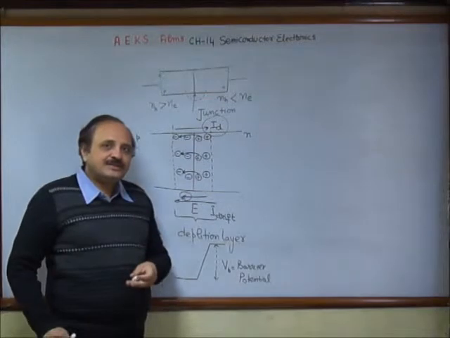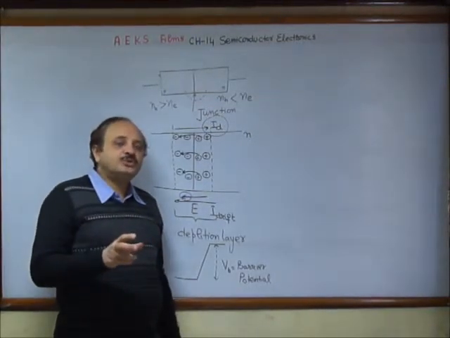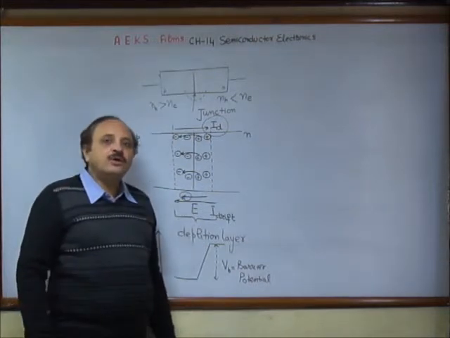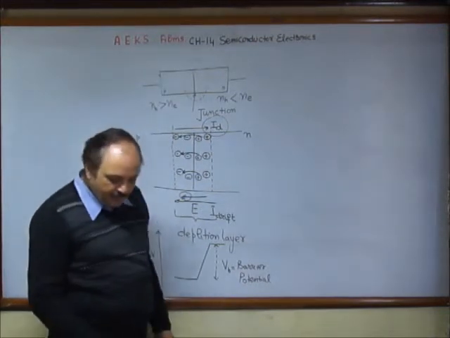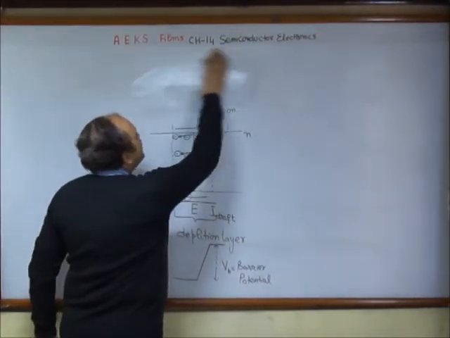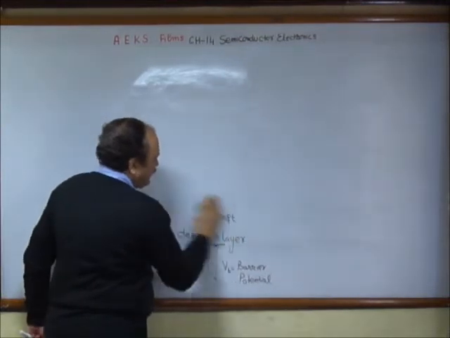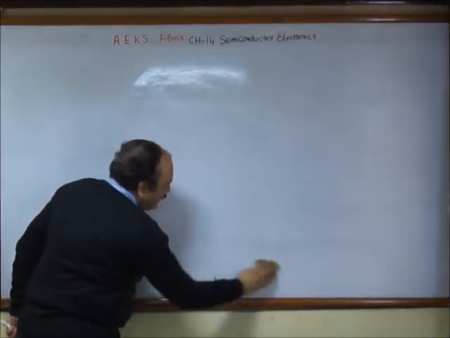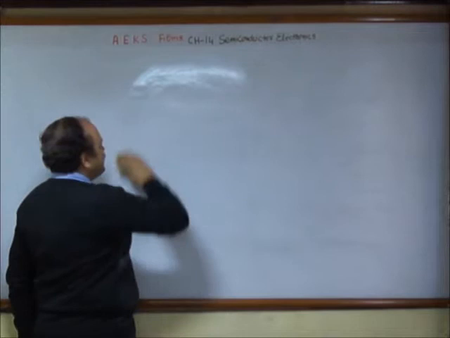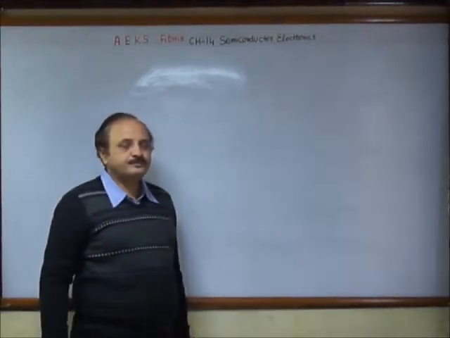Now let's see what happens when this diode is connected to an external electric field. When you apply the electric field to a diode, there are two ways in which you can apply it. We call the arrangement of the potential the biasing of the diode.